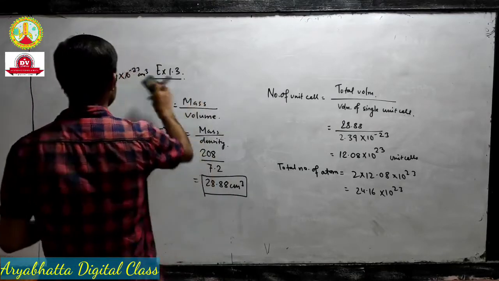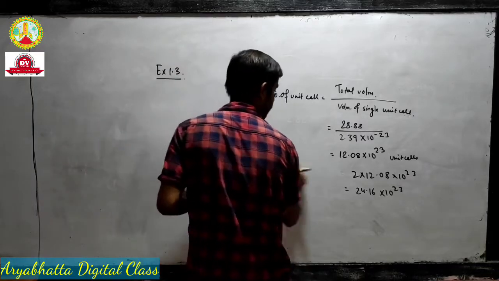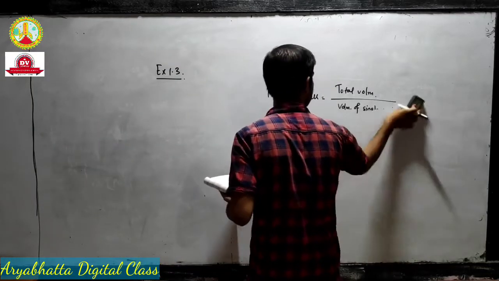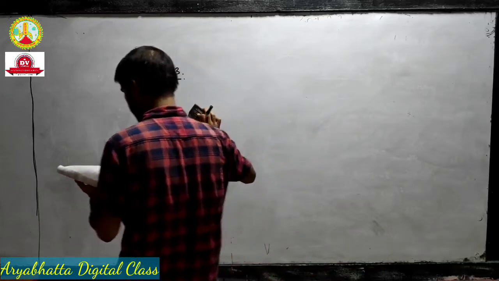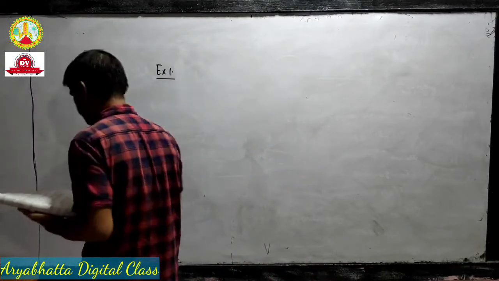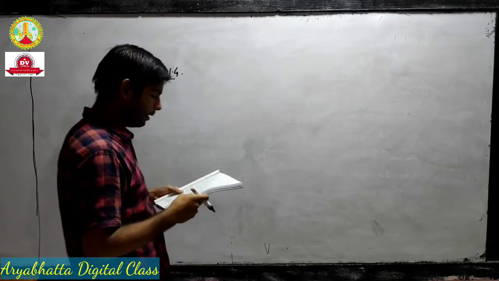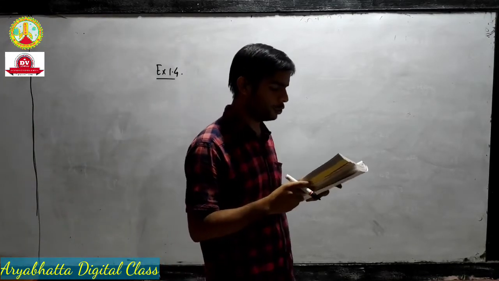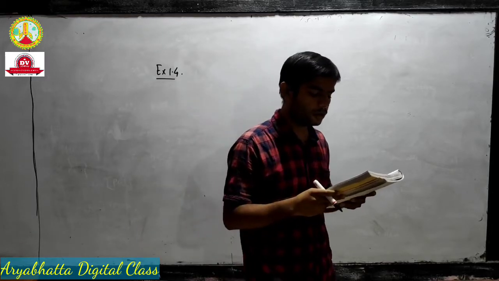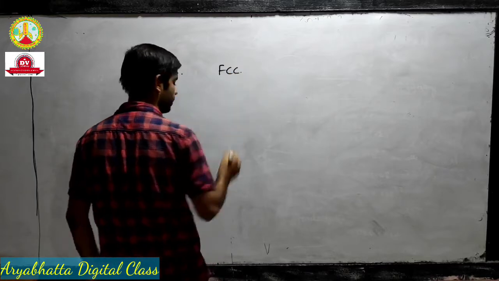Now we will see another question, and you can take out your NCERT book. It's question number 1.4. It says that X-ray diffraction study shows that copper crystallizes in FCC.